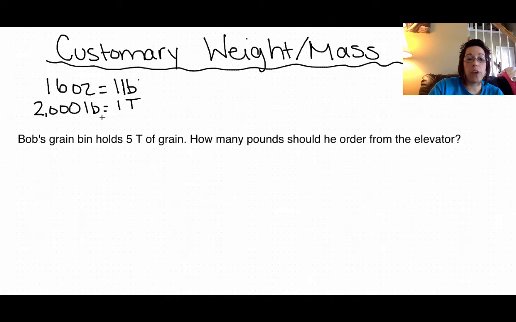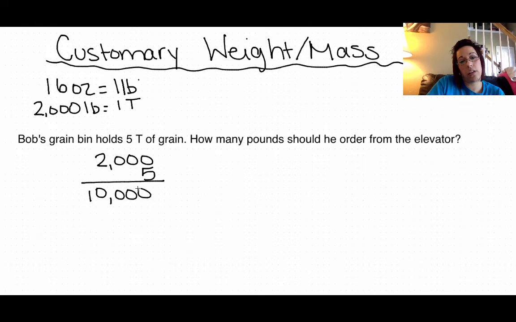Well, there are 2,000 pounds in 1 ton. So when we have 5 tons, we need to take our 5 tons multiplied by our 2,000 pounds per ton.